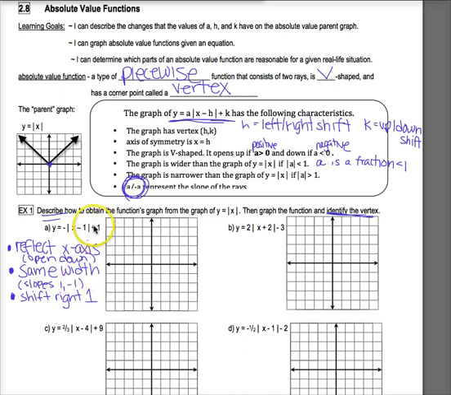On the outside, it's going to keep its sign. It does what you think. A plus goes up, a minus would go down. So +1 on the outside, that's my K that controls my up down. So that means I'm also going to shift up 1.